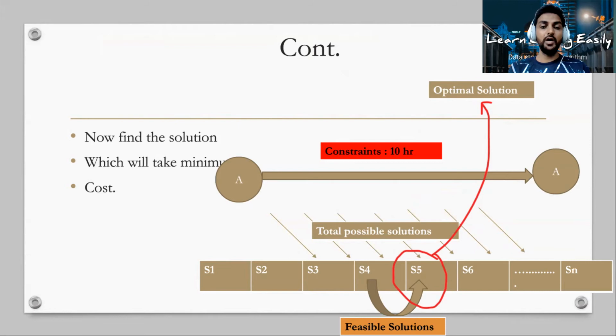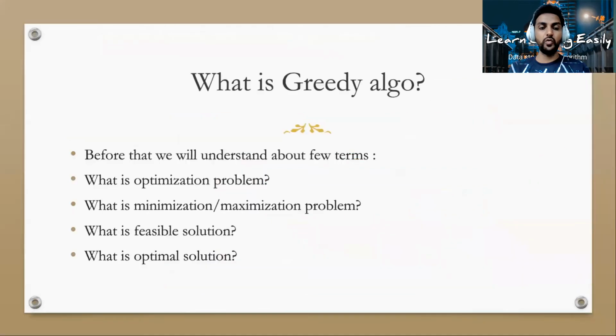Now I hope we are clear about these terms. What is an optimization problem? A problem in which you want to find an optimal solution. It can be a minimization problem or a maximization problem; that problem is known as an optimization problem.